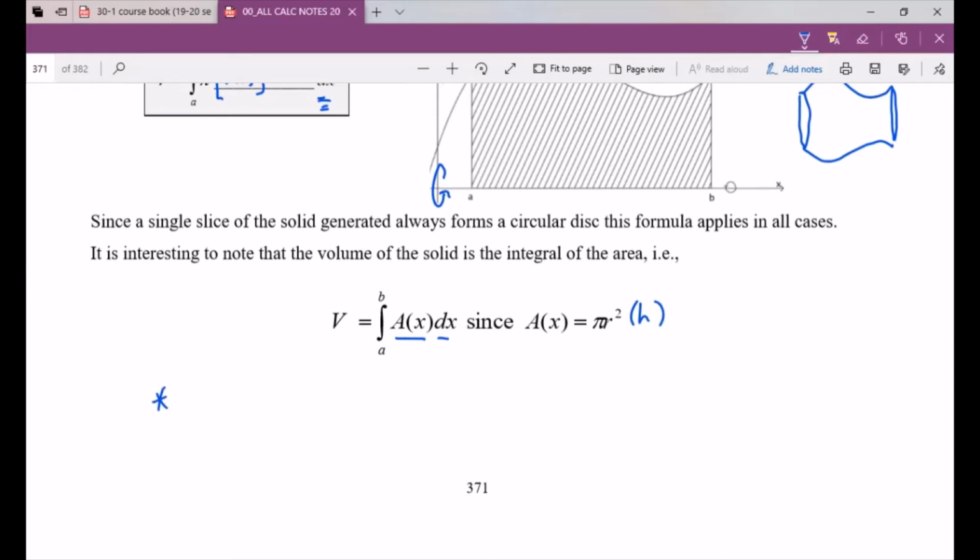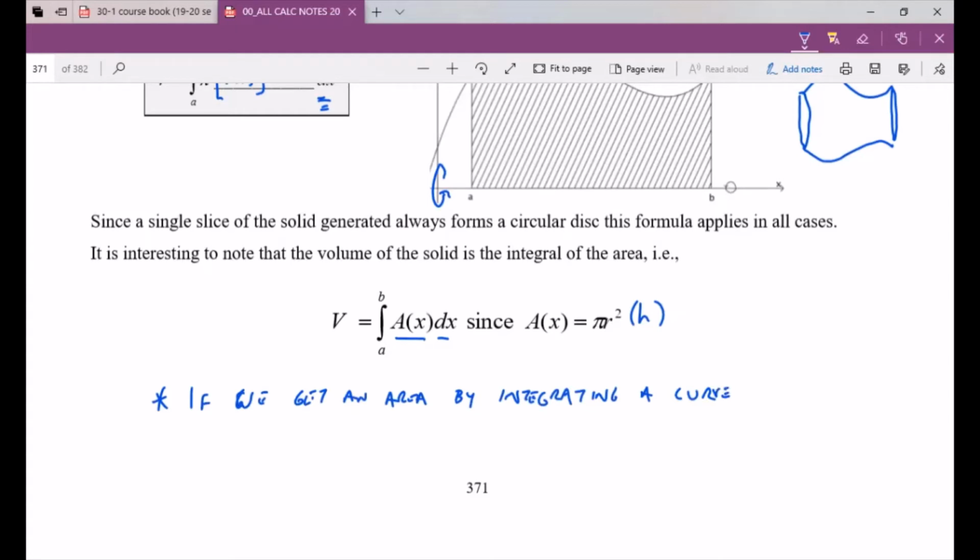So our interpretation here is that we get an area by integrating a curve. We have this one-dimensional thing, being this line.